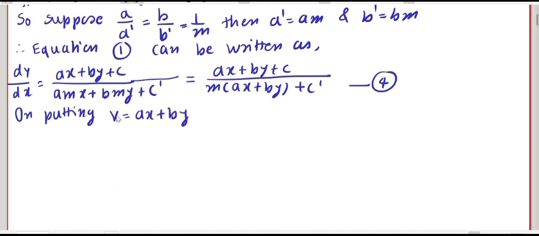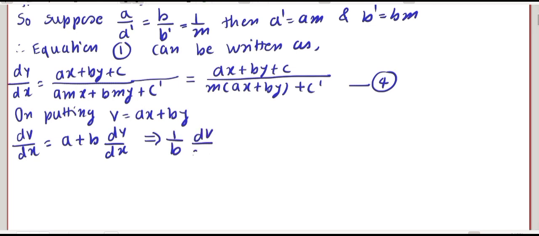Now taking the derivative of this with respect to x, we get dv by dx is equal to a plus b into dy by dx. Now dividing by b, we get 1 upon b dv by dx is equal to a by b plus dy by dx.